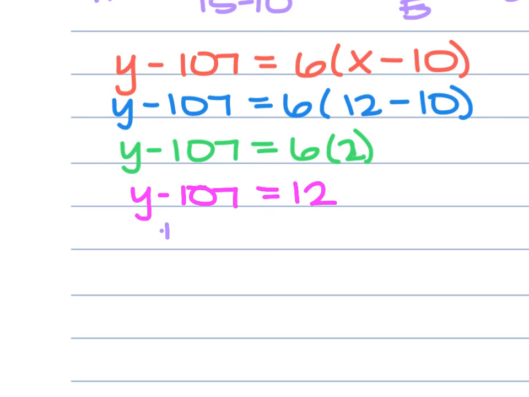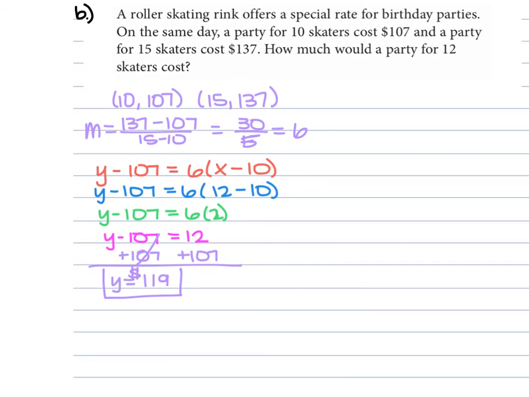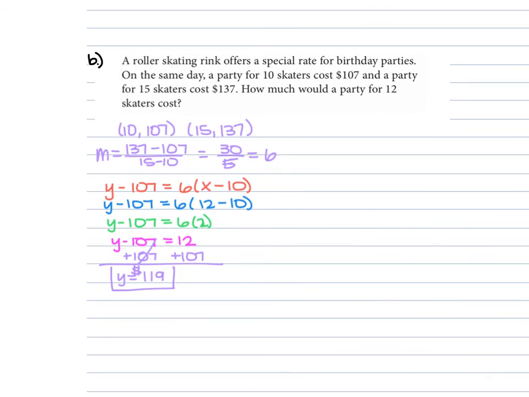Move the 107 over by adding it. We're going to have y is equal to 119, $119. And again, you could have used the other point, the (15, 137), in your formula and gotten the same answer.